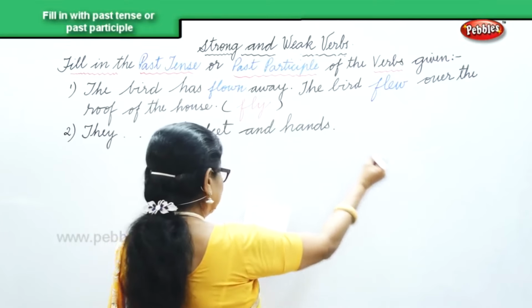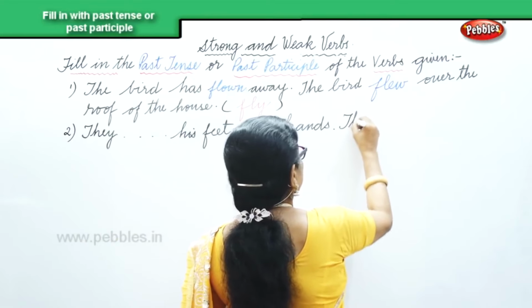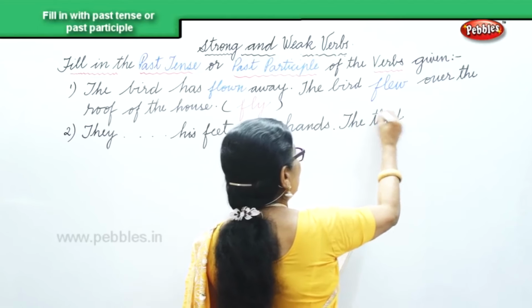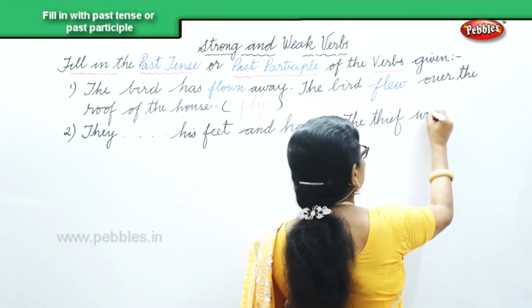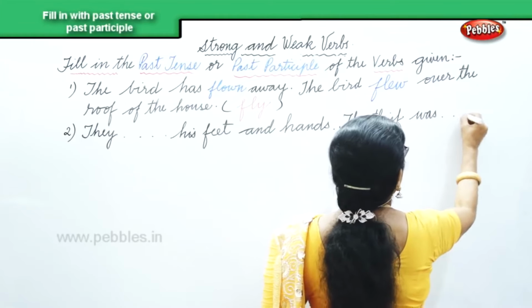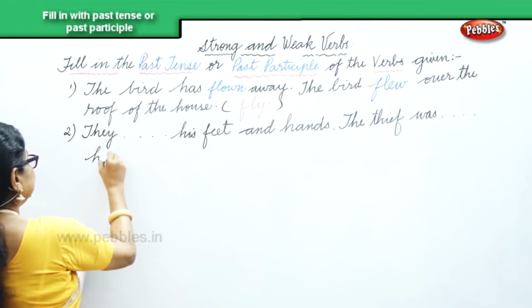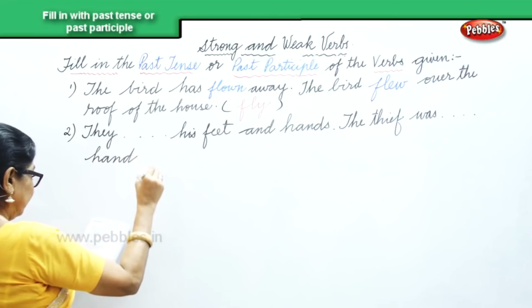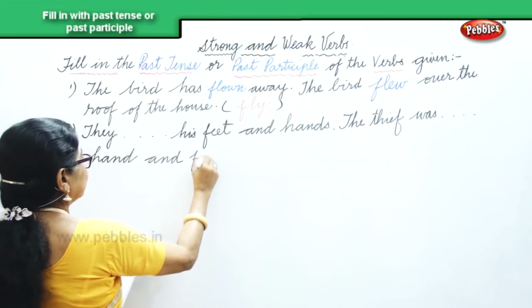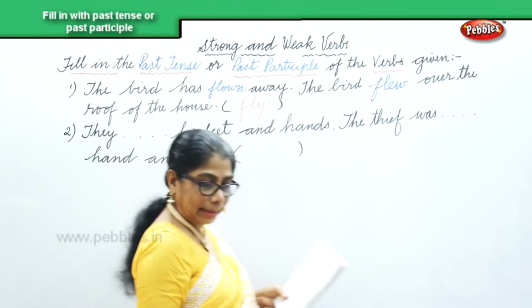Then, another sentence. The thief was dash hand and foot. And you're given a verb in the bracket.